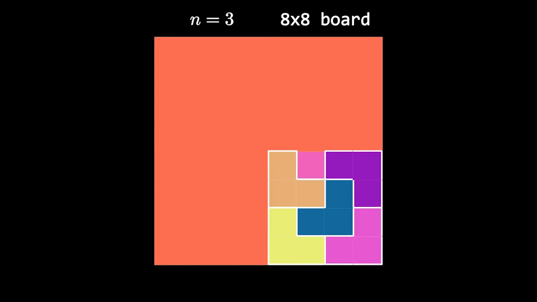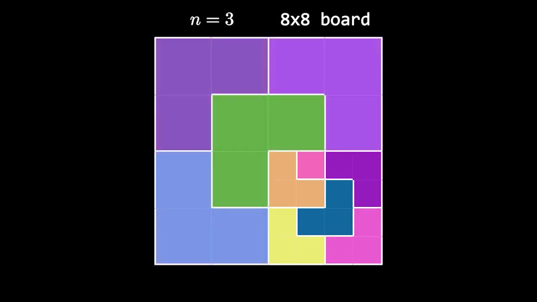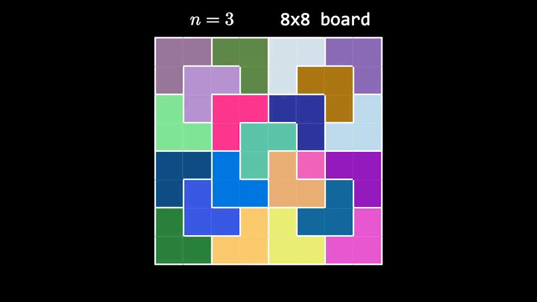Is there something you know from n equals 2 that can help you finish this? Well, this L piece is twice the size of our n equals 2 L piece. So this can be tiled by 4 n equals 2 L pieces in the same way we did it before. And then those can each individually be tiled just like we did it before.